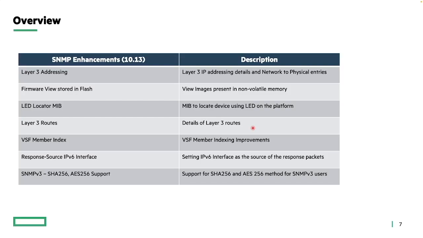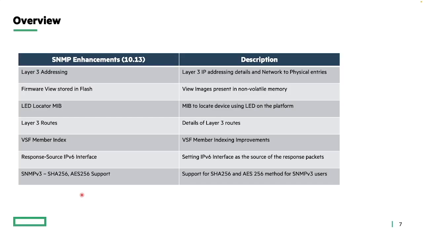So what do we have in 10.13 as SNMP enhancements and their description? We have 7 enhancements. It's a big enhancement release for SNMP. What you see on the screen is what we have and their description, majorly on layer 3 addressing and physical entries.